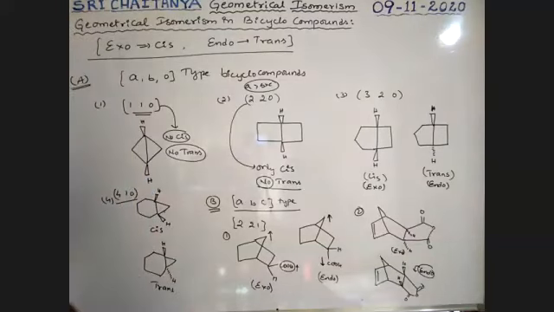Next, the 410 system. Here also, these are bridgehead carbons and bridge carbons. So these bridge carbons seem to be like this. It is 4 carbons, 1 carbon, and 0. 410.